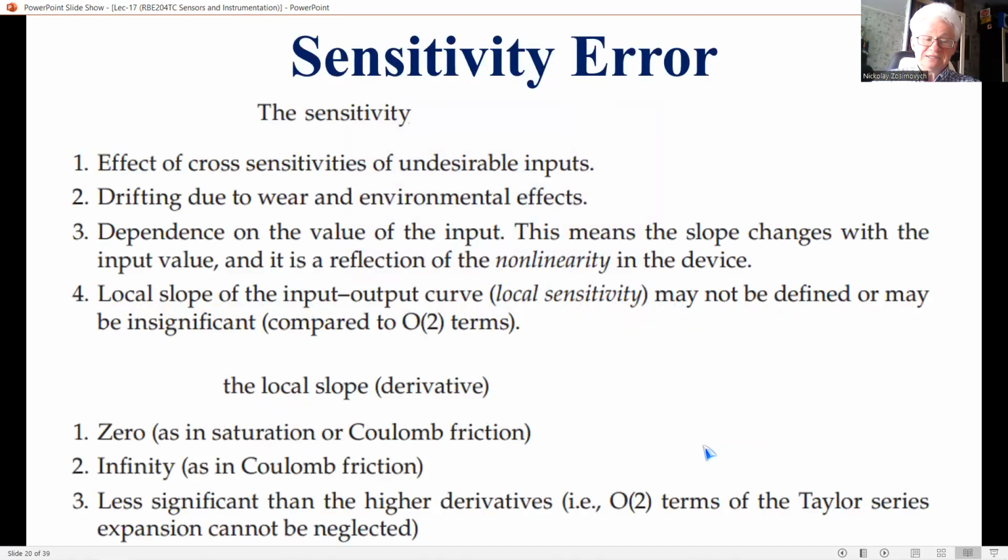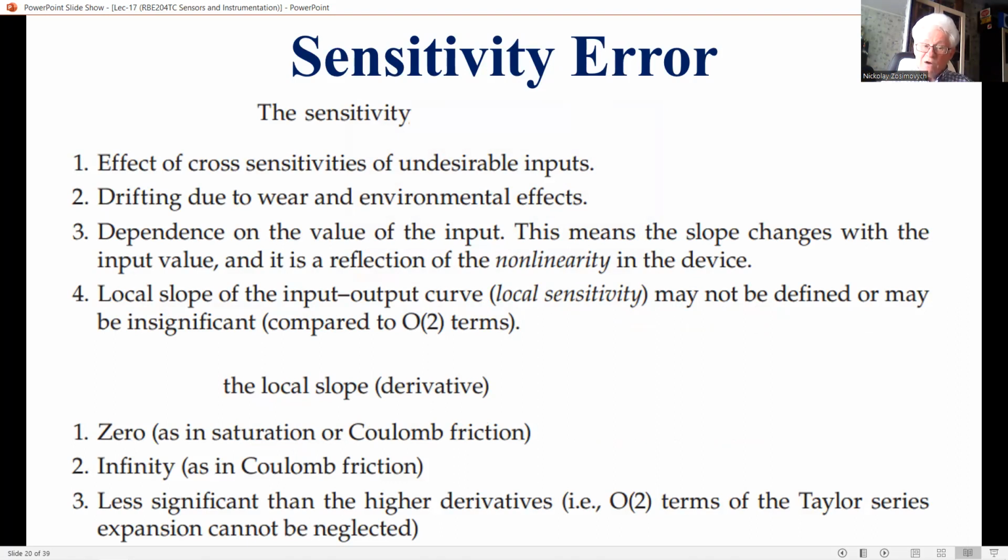The rated sensitivity of a device, as given in its data sheet, may not be accurate. It's typical. The difference between the rated sensitivity and the actual sensitivity is called the sensitivity error.